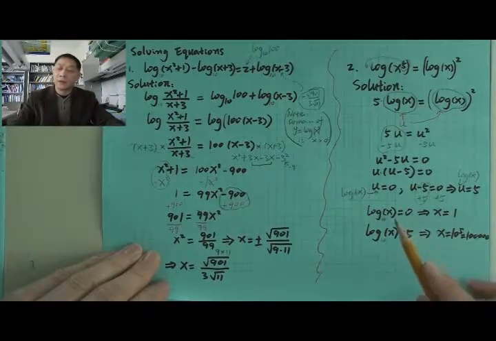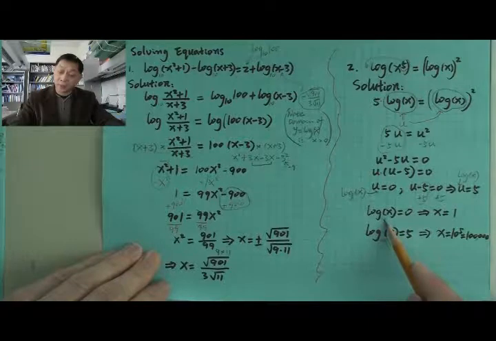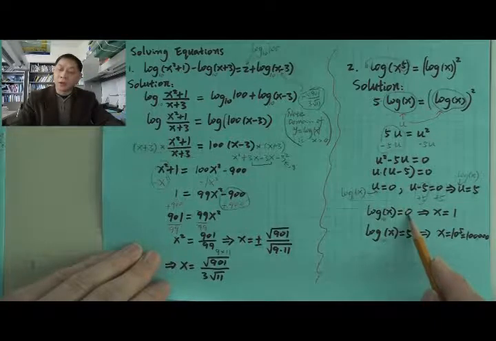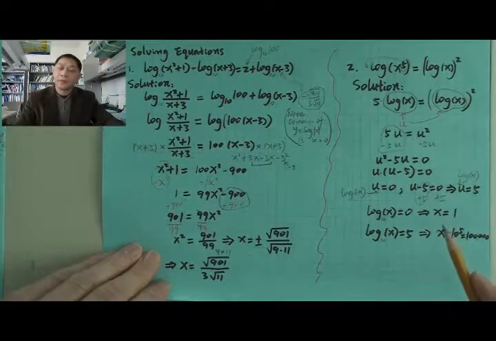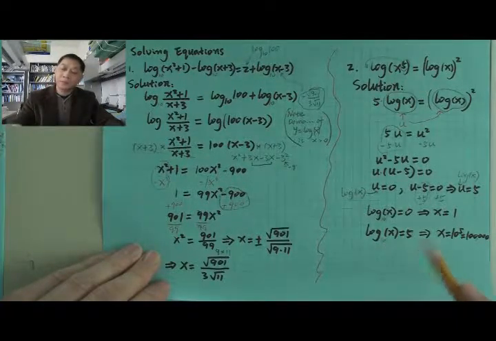Now, log base 10 of x is 0. Then what could x be? Again, 0 equals a log thing. This 0 is always the exponent of base 10. So you know 10 to the 0 is 1, so x is 1. Similarly, the same right here. Log without writing a base means base is 10.